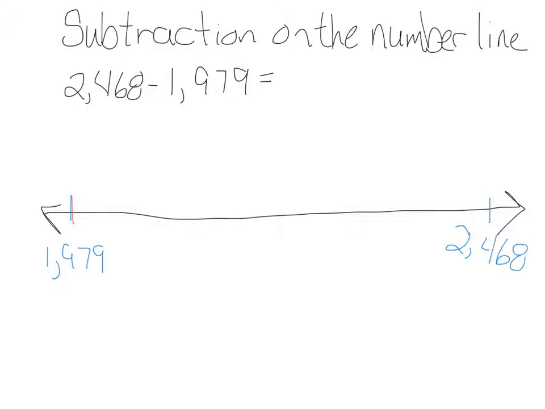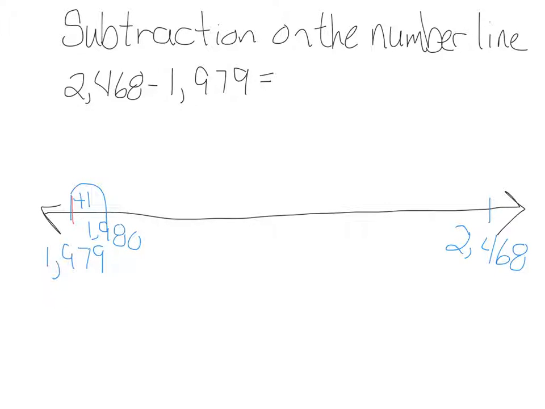So 1,979, if we add 1 to that, that's going to get us to 1,980. And that is an easy, happy number. We know that 9 plus 1 gives us 10, and so that's how we knew to add 1.